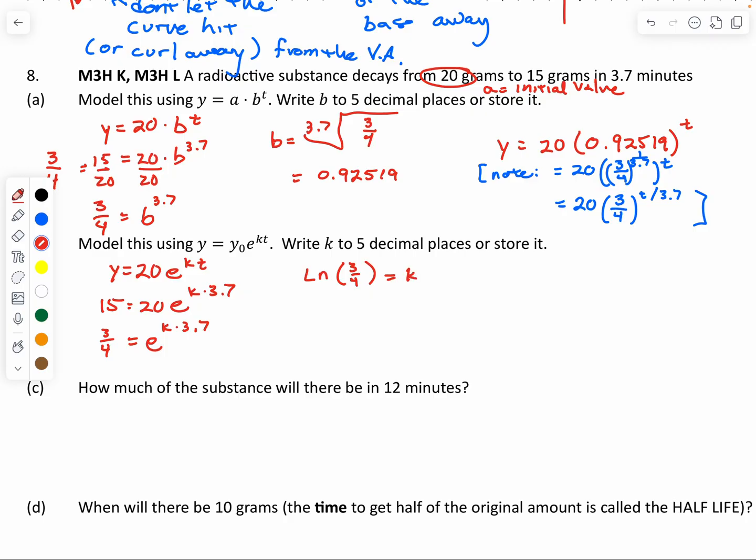Get rid of the e on the right side. And then k is ln of 3/4 over 3.7.